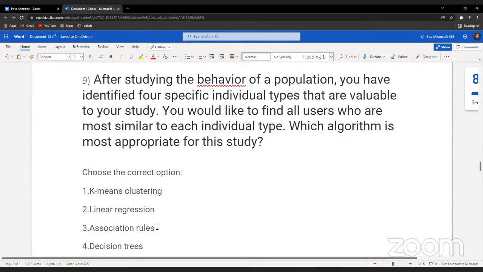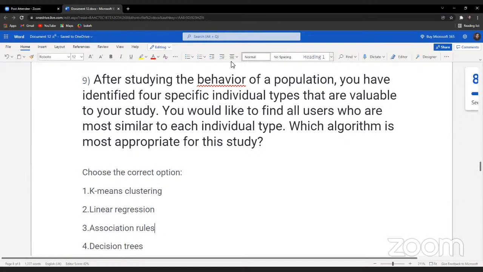Which algorithm is most appropriate for this? Among that, there are many valuable points to be noted, and which algorithm is most appropriate for this kind of study? The options I give you: k-means clustering, linear regression, association rules, and this.